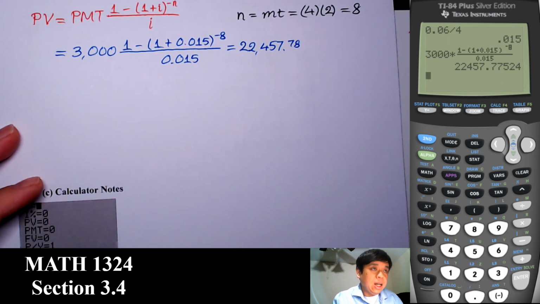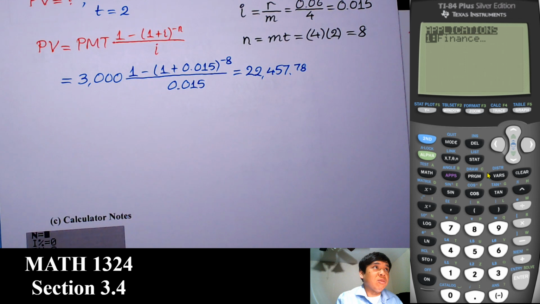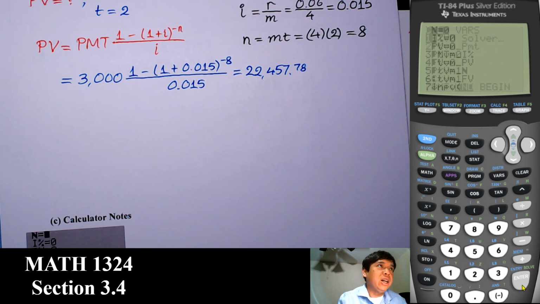Now, of course, we talked about the calculator last section already, so we'll briefly go through this again. Hit apps and then enter twice. N is the number of payments, 4 times a year for 2 years, so 8. Interest rate 6. Present value, we don't know, so leave that blank. Payment, we receive 3,000, so that is a positive 3,000.